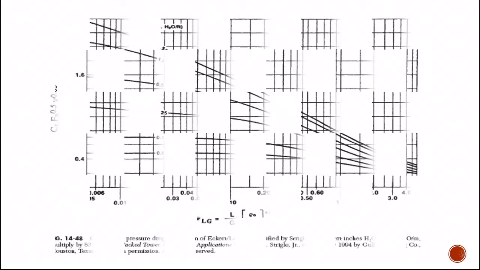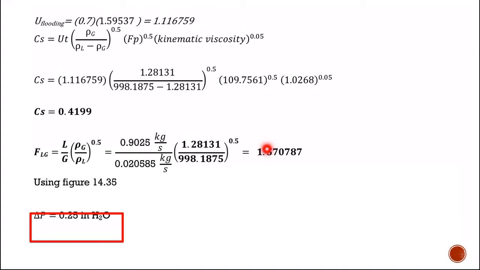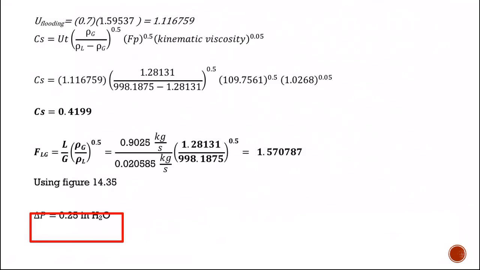From the figure here, we have the abscissa scale term of 1.57078 somewhere here, and we calculated the capacity parameter as 0.4199.